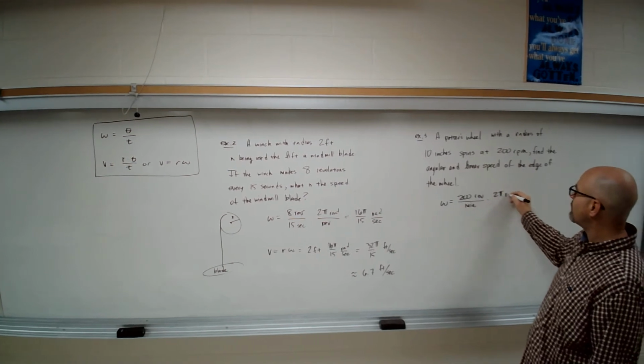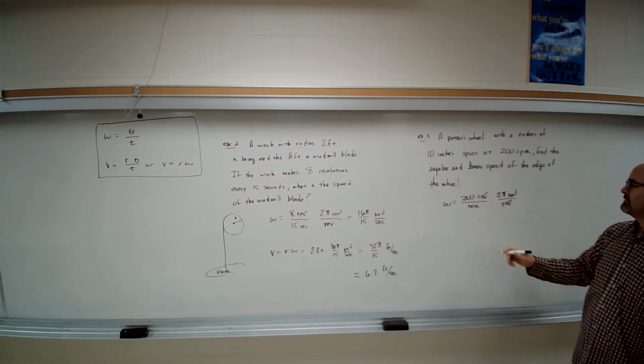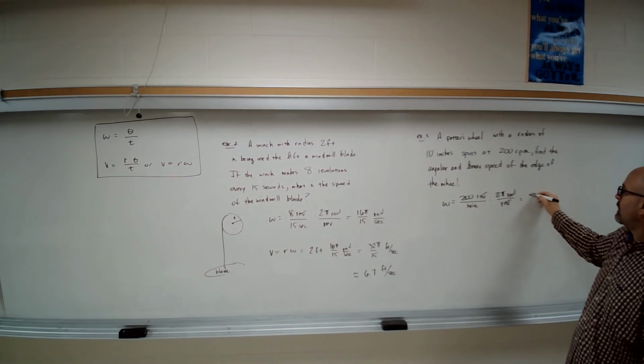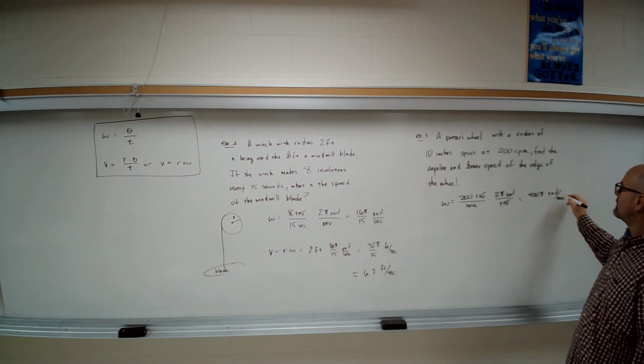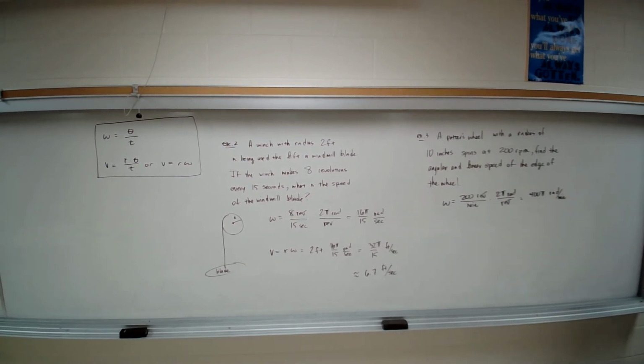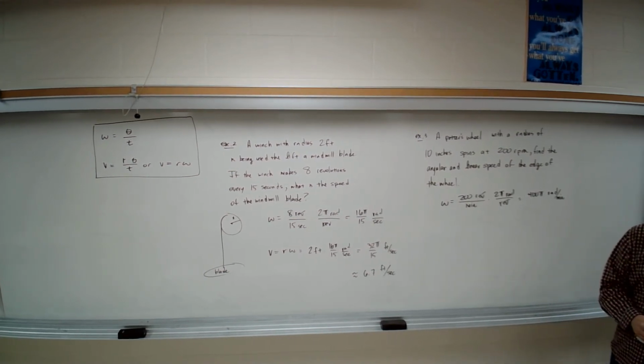So 2 pi radians per revolution gives us 400 pi radians per minute. So 400 pi radians per minute is equivalent to 200 revolutions per minute.